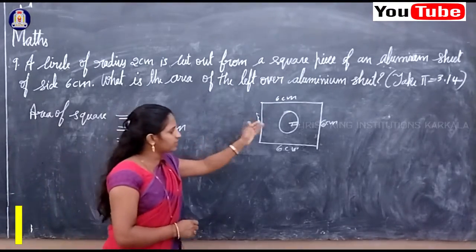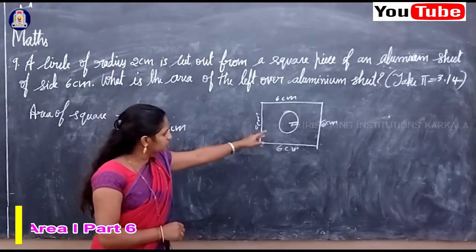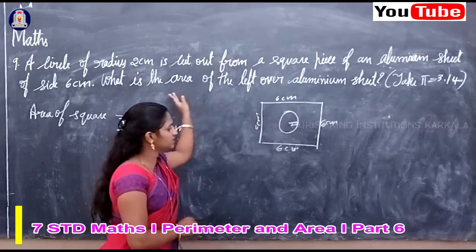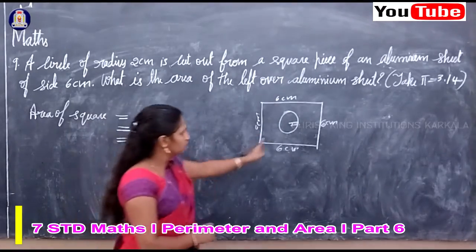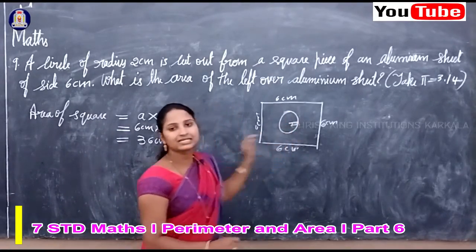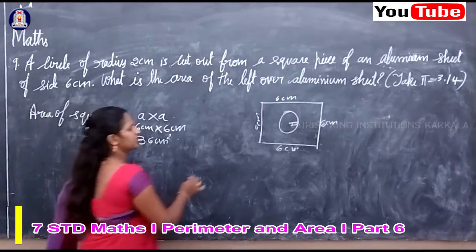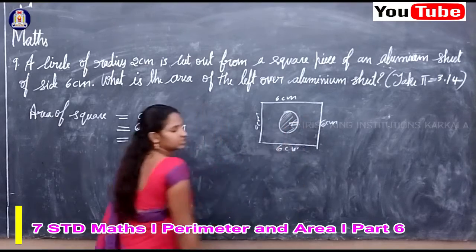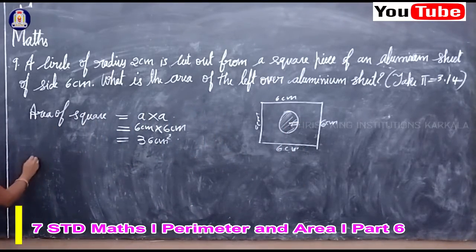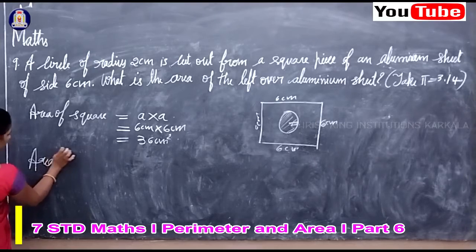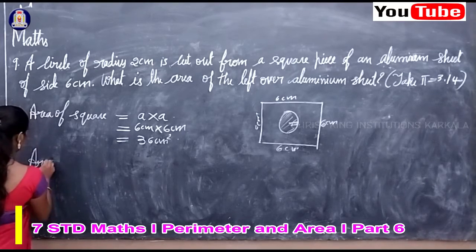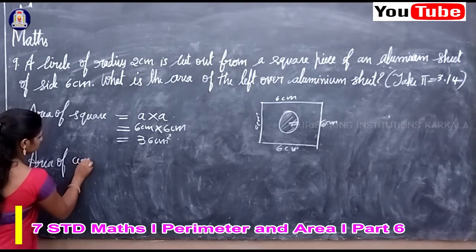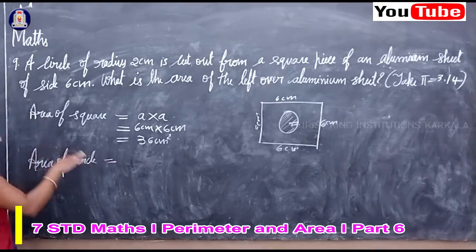From the square aluminium sheet, in the question it is given that a circle of radius 2 centimeters is cut out. So the circle of 2 centimeters is removed, which means you have to find how much area of the circle is removed. The radius we know is 2 centimeters. So first we have to find the area of the smaller circle that is removed.